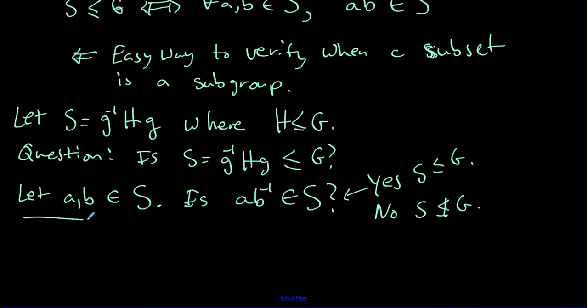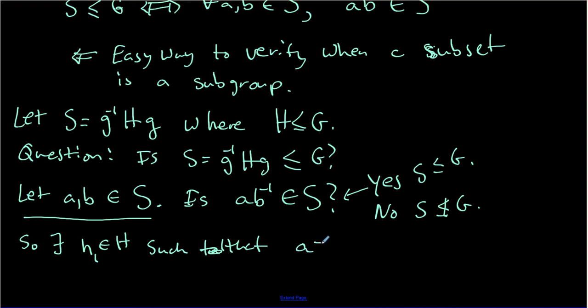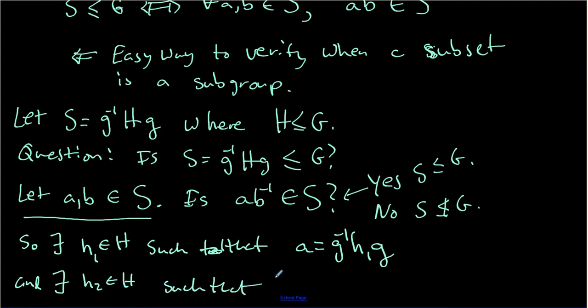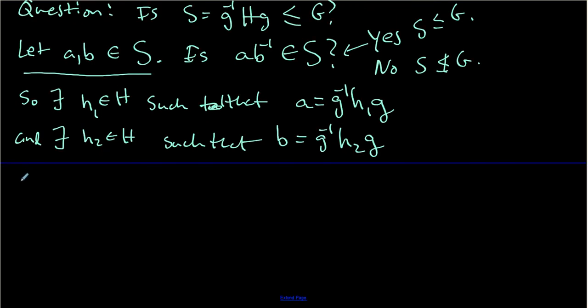Well, let's see. This statement says there exists somebody inside the set H that I'm going to call H1 such that A is equal to G inverse H1 G. And there exists an H2 inside H such that B is equal to G inverse H2 G. So now we want to look at A times B inverse.